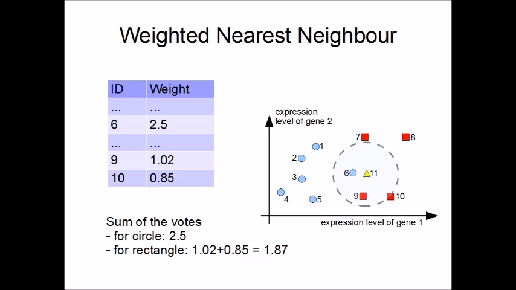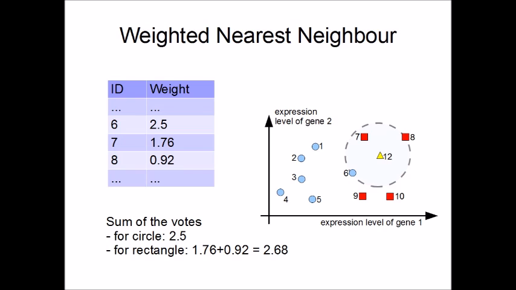In order to illustrate it, let us consider a second example. In this second example, we want to classify the triangle again, and here the 3 nearest neighbors are instance number 6, instance number 7, and instance number 8. And here the sum of the votes for the class of rectangles is 1.76 plus 0.92, which gives in total 2.68.